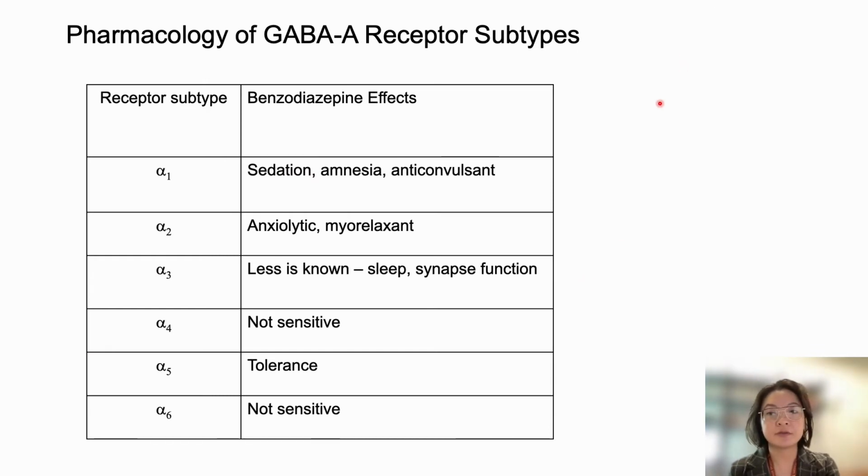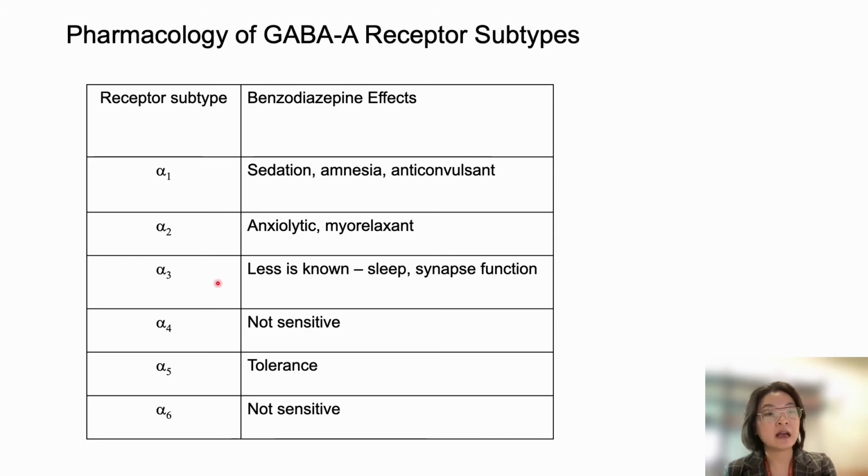Researchers have now gone through the different alpha subtypes with a combination of point mutation studies and transgenic mice, and determined that different alpha subtypes play different roles in behavior. So the alpha-1 subtype is primarily responsible for sedation, amnesia, and anticonvulsant activity. The alpha-2 subtype of the GABA A receptor is primarily responsible for the anxiolytic effect and muscle relaxation properties.